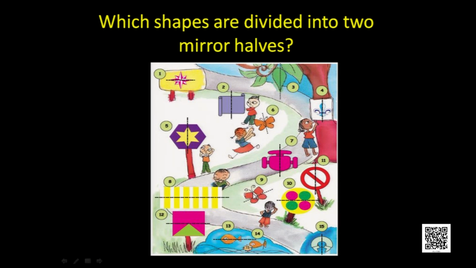You see here antennas are there, so these will come downwards. So I can say the upper part is not covering the lower part exactly. So this does not have mirror halves. Let us move to the next slide.